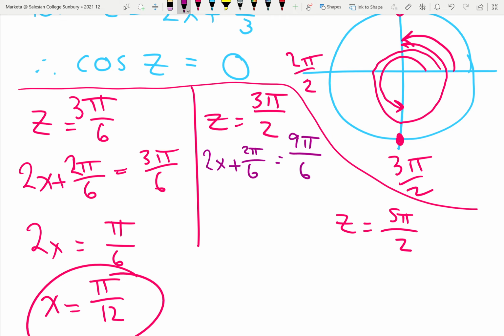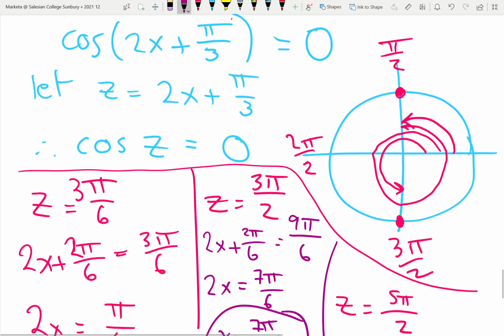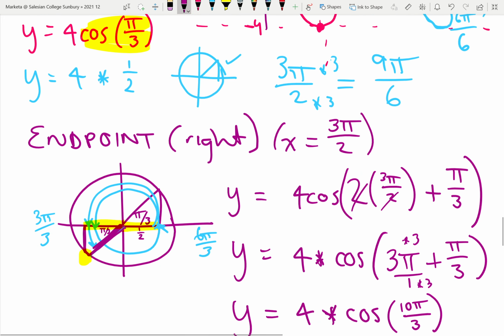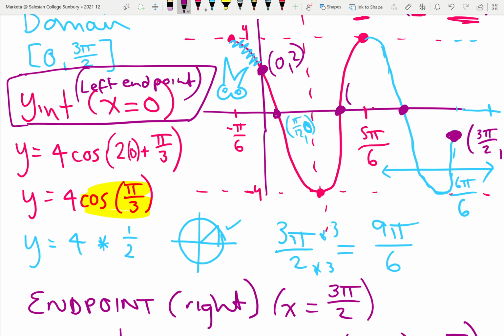So 9 minus 2 is 7. x equals 7 pi on 12. So that fits into the domain, 7 pi on 12. So 7 pi on 12, 0.